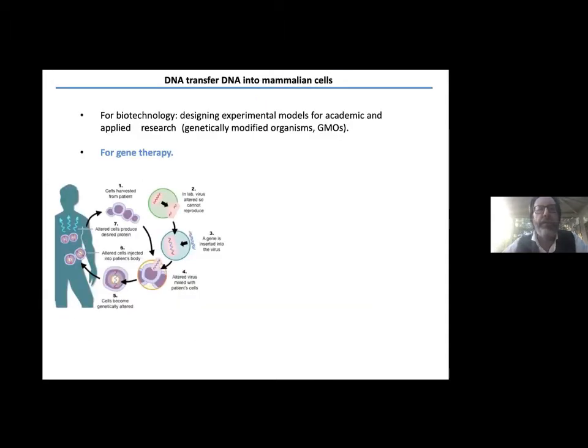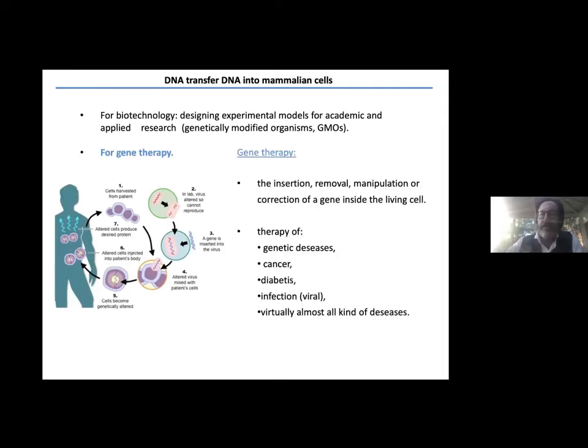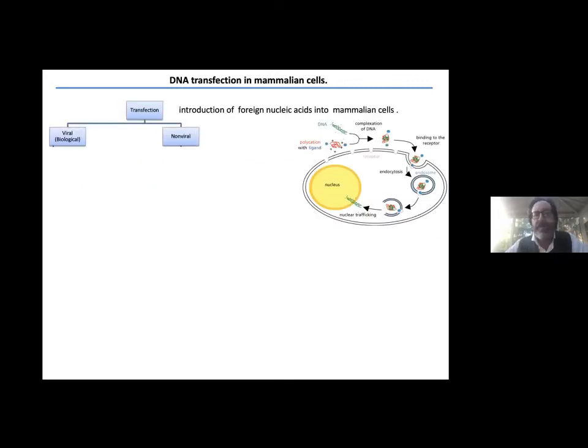While for biotechnology for gene therapy, there is a large number of possibilities for therapy of genetic disease, but also maybe virtually almost all kinds of disease. And we need to have a vectorization to deliver the correcting genes into the cells. There are several existing methods.